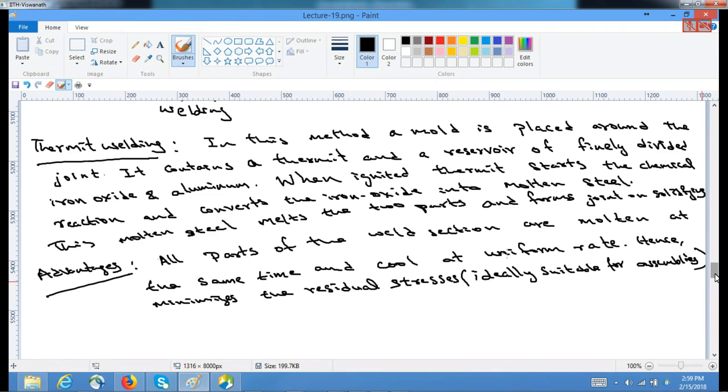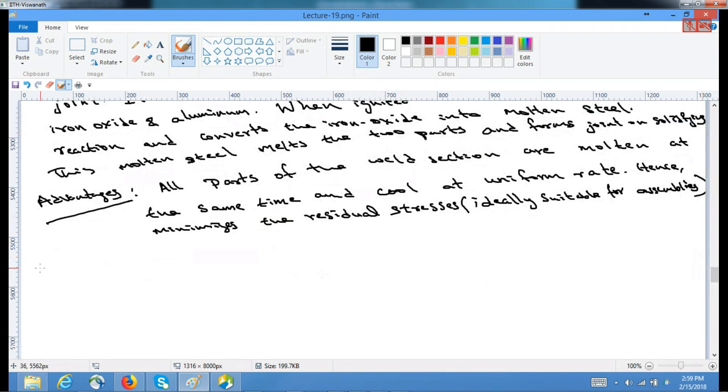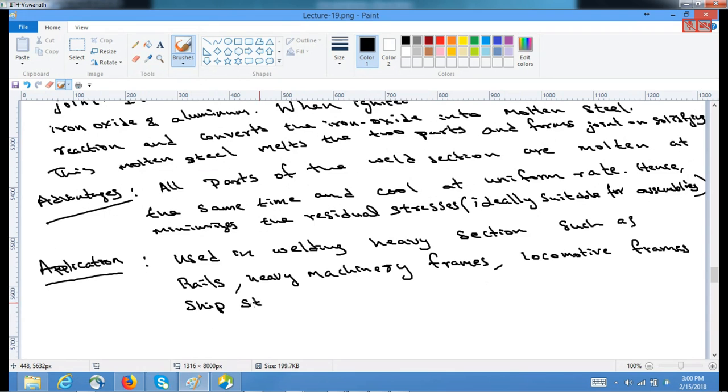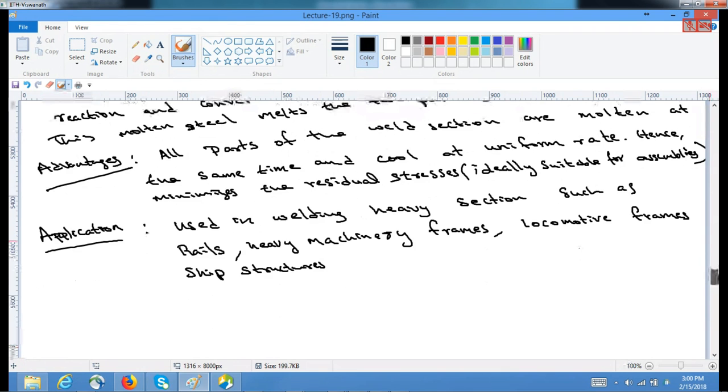The applications involve welding rails, heavy machine frames, locomotive frames, ship structures, etc. The next one is gas welding.